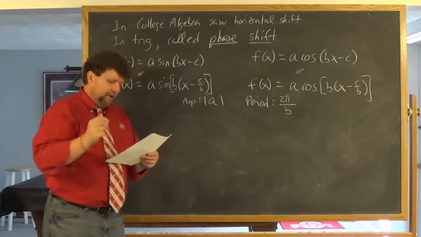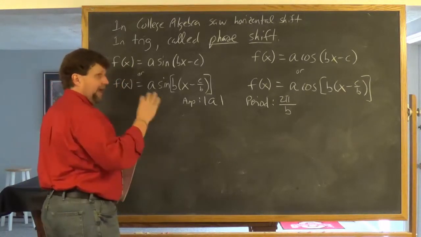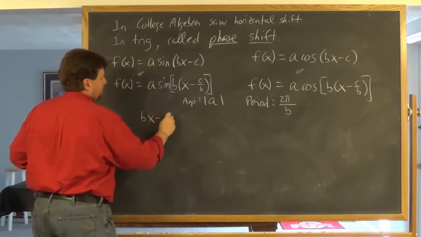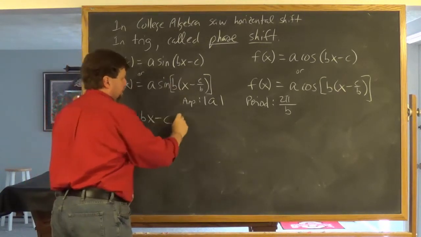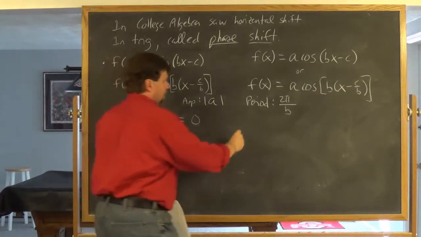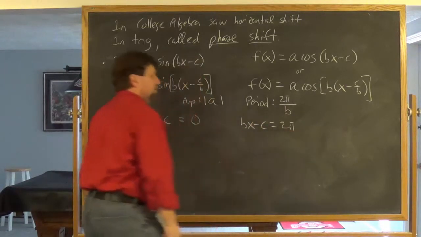So I'm going to use that as my motivation here, and I'm going to say one complete cycle happens from this junk here going from 0 to 2 pi.